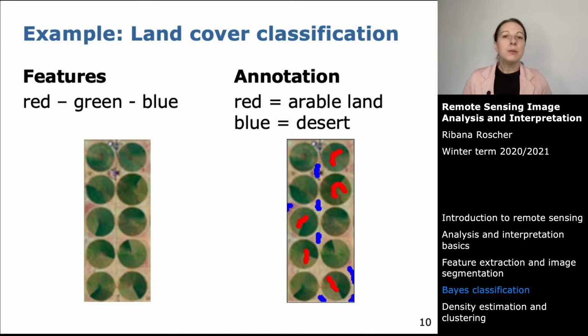So let's assume for now we are focusing on the features, and as features we take red, green and blue as illustrated here, and we need training data. And here, for simplicity, we collect training data by photo interpretation. That means we have a look at the image and we just make some scribbles. So we mark some areas which are arable land and which are desert.